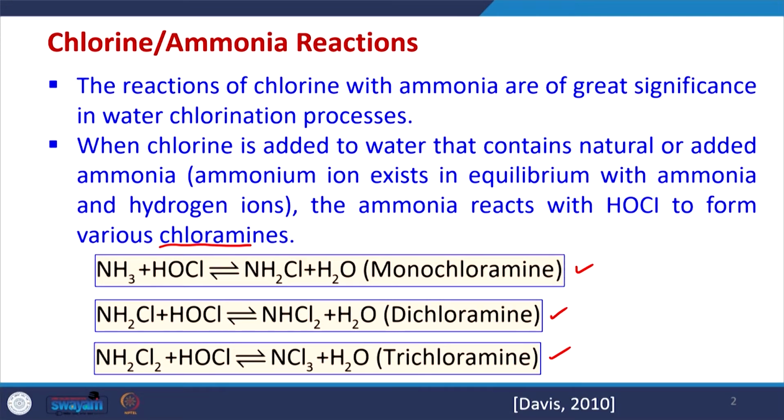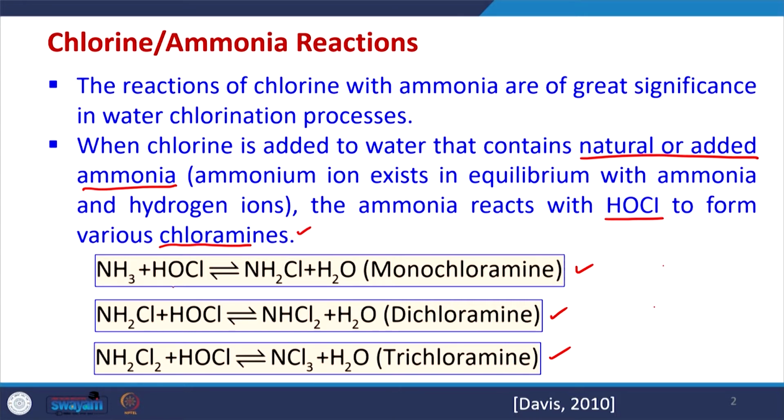Now, when chlorine is added to water that contains natural or added ammonia, the ammonium ion may exist in equilibrium with ammonia and hydrogen ions depending upon the pH. This chlorine will react with ammonia, and the chlorine may be in the HOCl form, because this is the dominant form in the usual pH range in which water treatment is done. So different types of chloramines will get formed.